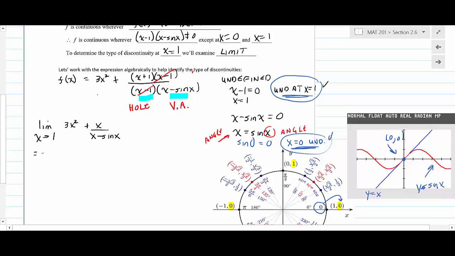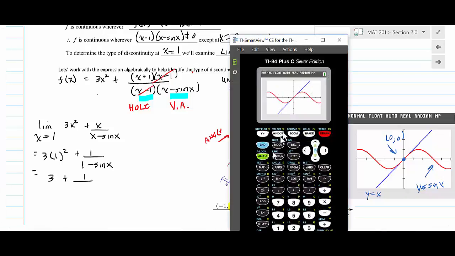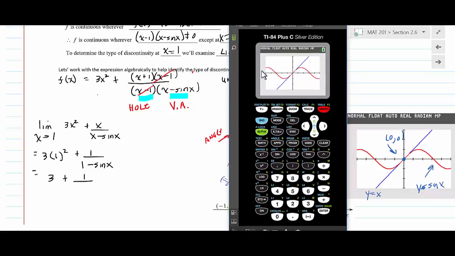That's going to be 3 times 1 squared plus 1 over 1 minus sine x. All right, and that's going to be 3 plus 1 over, and then let me take my calculator. We really need to just do this on the calculator. So in radian mode, if I do 1 minus the sine of 1, that will give this number right here.